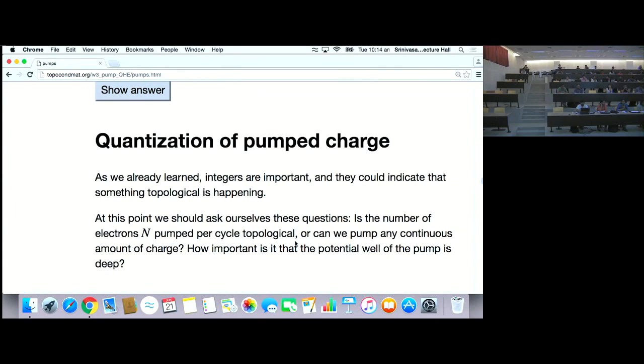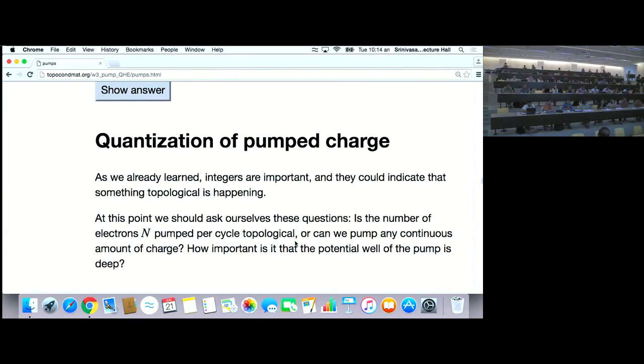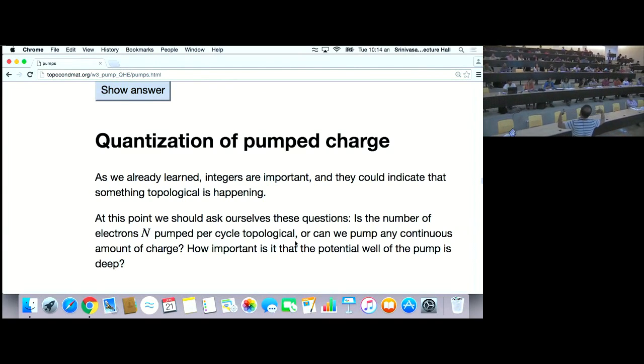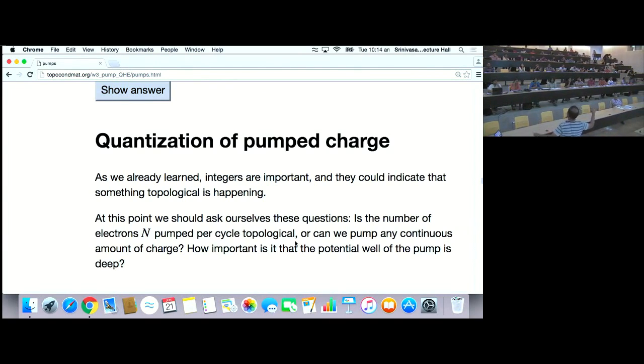Subtlety number one is that, okay, you do have all these bound states in these periodic wells, but they're all at exactly the same energy, and they're actually going to overlap and form bands. So technically, Bloch's theorem tells you that the eigenstates of these wells are not localized. You got the right answer by thinking they're localized, but they're not quite localized.